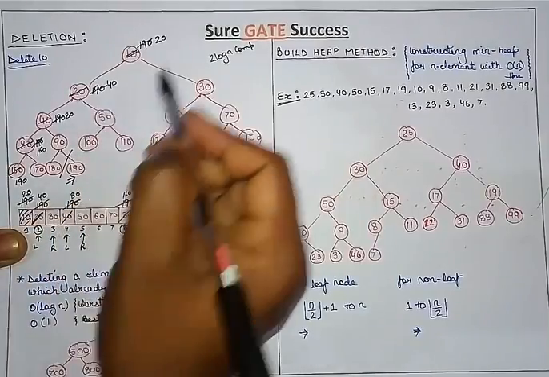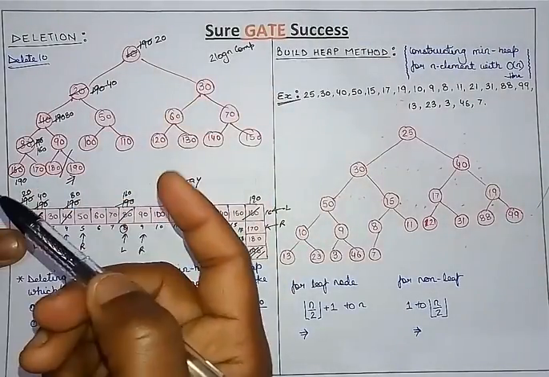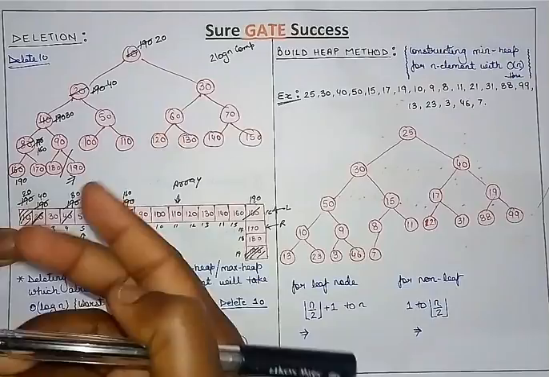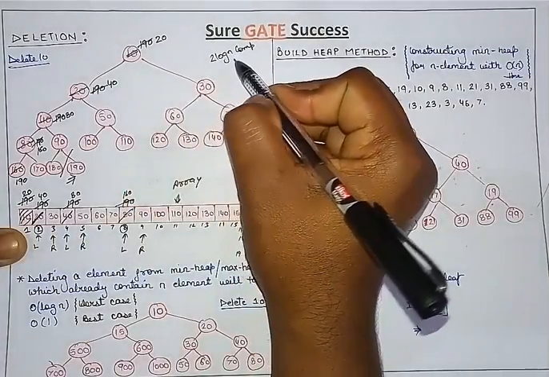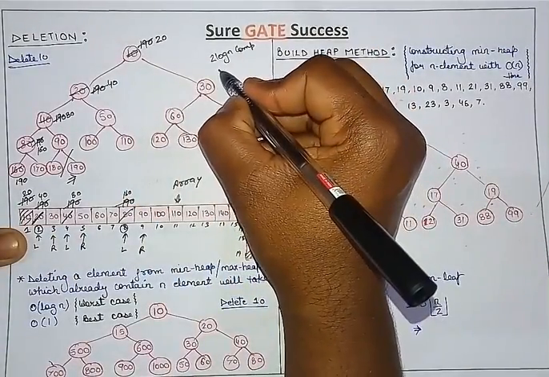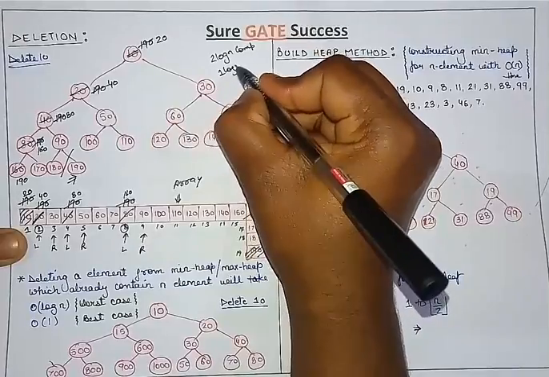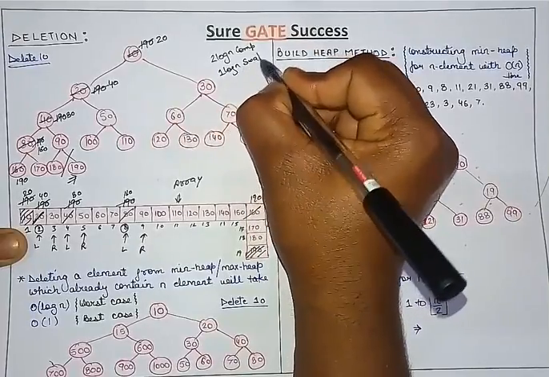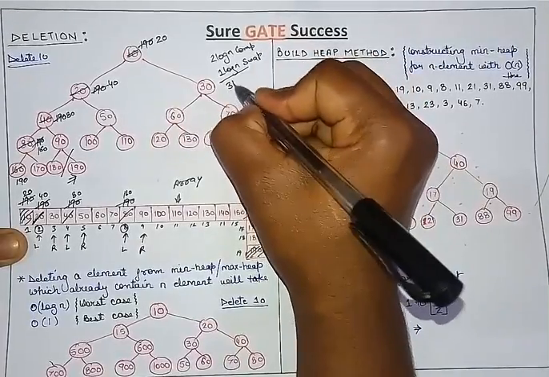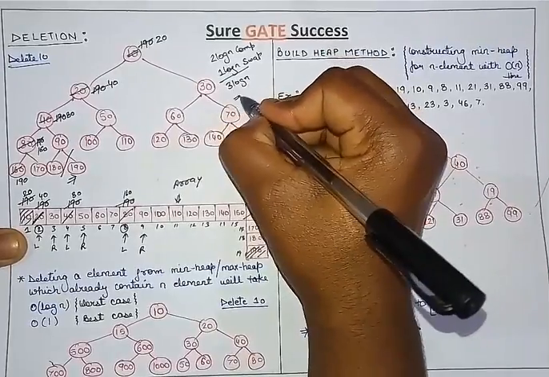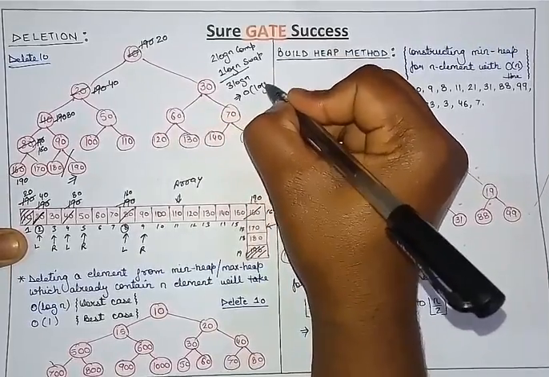So we have moved along a single path and we have to check 2 elements every time. That means 2 log n for comparison and log n for swapping, because we are swapping with only one value. So it will be 3 log n, which is asymptotically equal to log n.